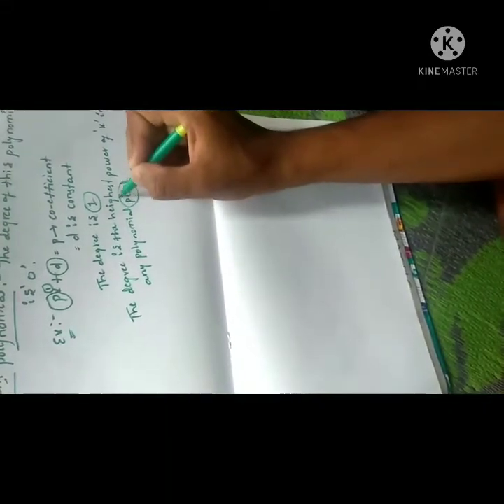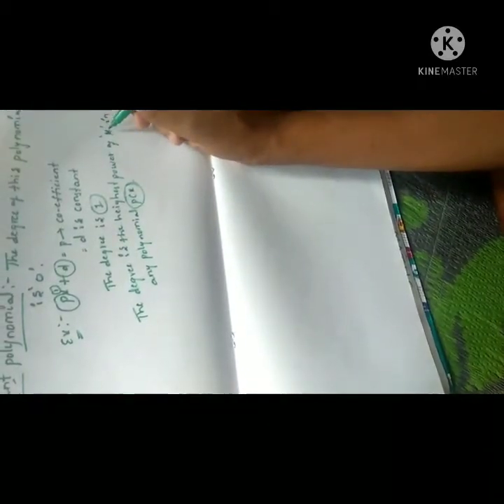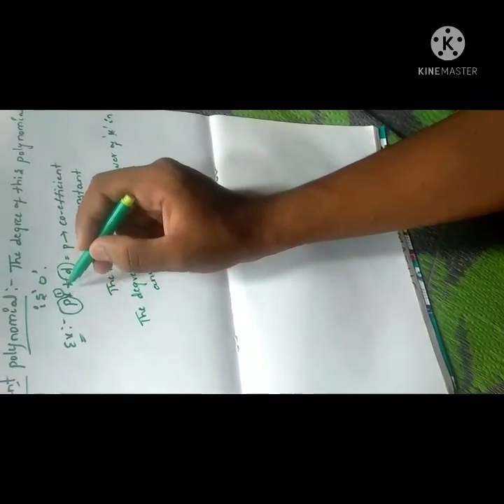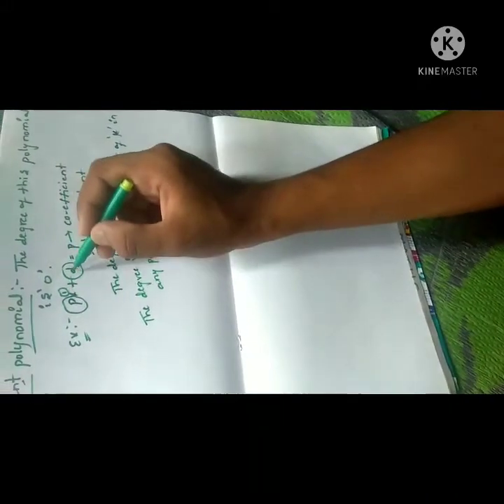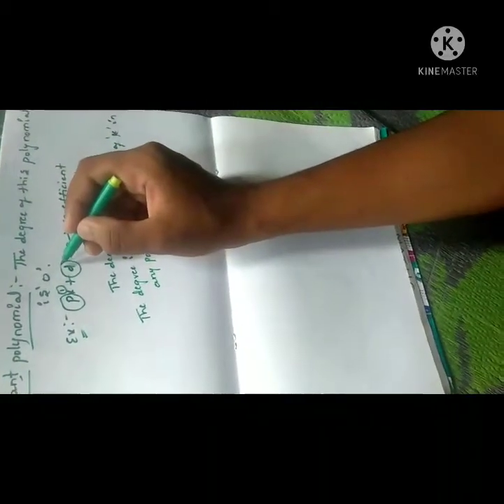Here p of x is any polynomial, and we take the highest power of x. Here x is nothing but the unknown value or the variable. Here p is the coefficient and d is the constant term. And the degree of a constant term is always 0.